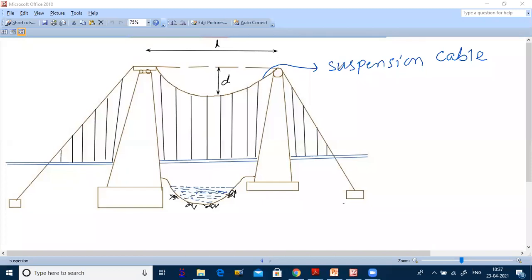This is the main. Suspension cable is the main load carrying member. In case of suspension bridge, it is the main load carrying element.